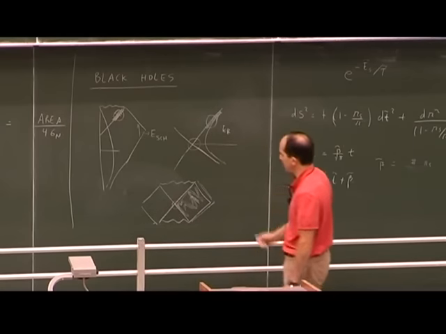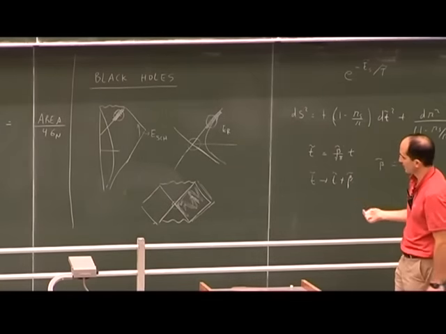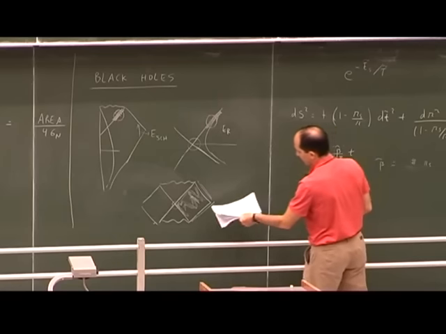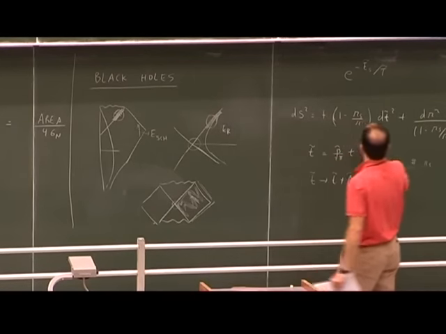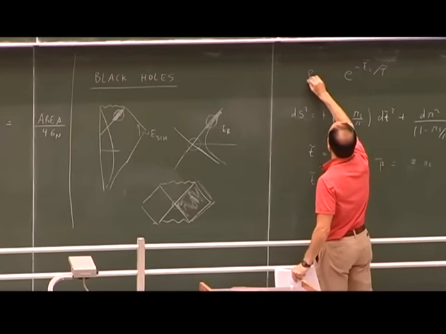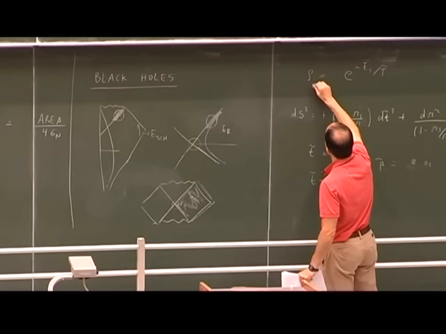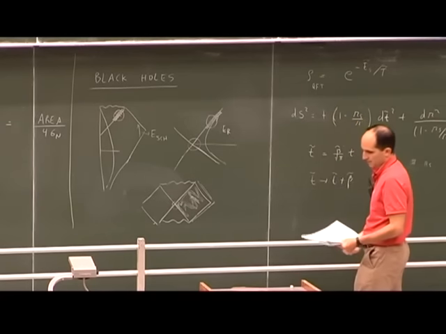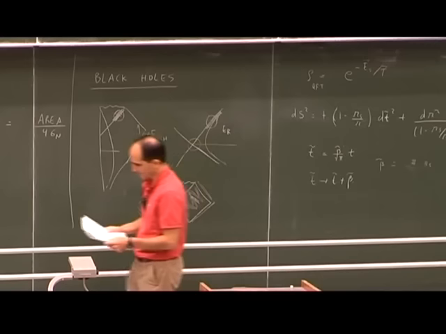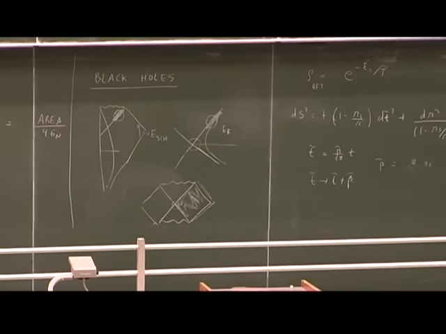And then the density matrix for a quantum field theory on this background can be expressed in this form. Okay, so this is the density matrix for quantum field theory on a black hole background.